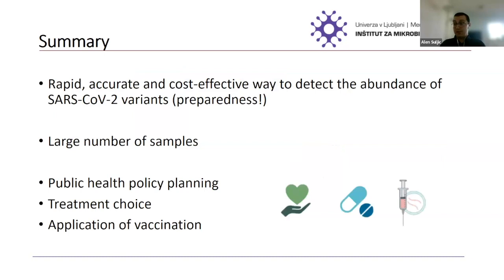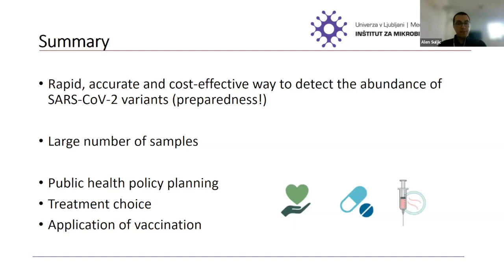So in summary, spike screen is a rapid, accurate, and cost-effective way to detect and track the emergence and abundance of SARS-CoV-2 variants. This approach is capable of monitoring a large number of samples in settings with limited sequencing capacity.